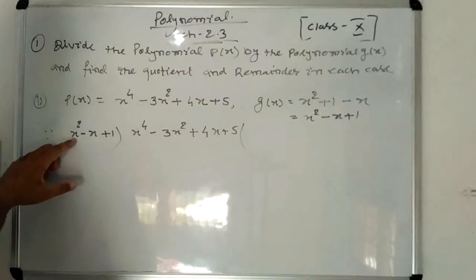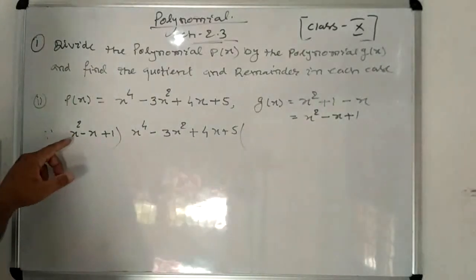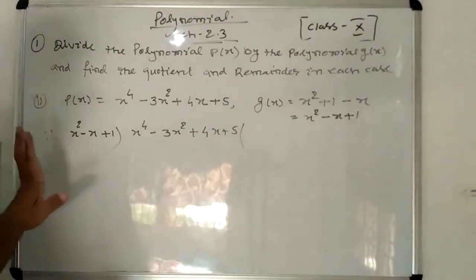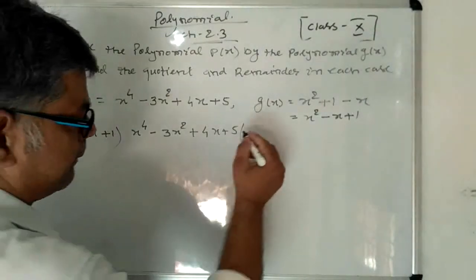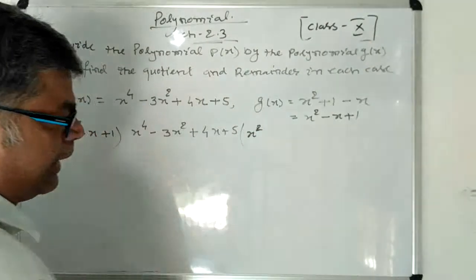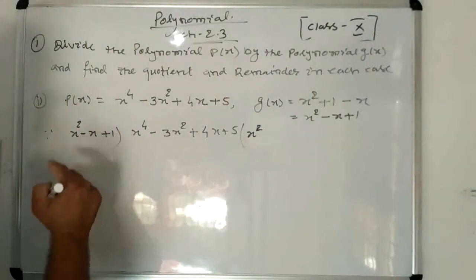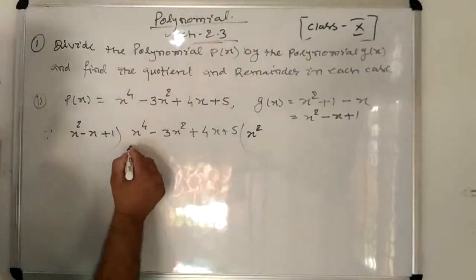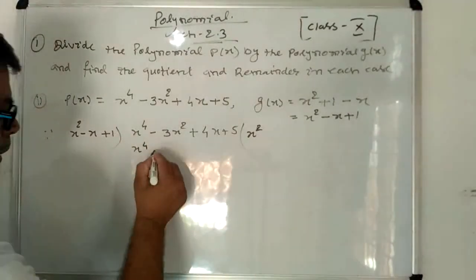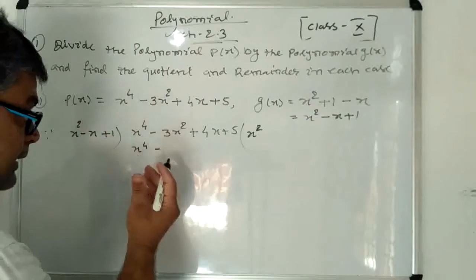When we multiply by x square, we will get x to the power 4. So in the first step I am going to divide by x square times. So multiply by x square in the divisor. So it will be x to the power 4 minus x cube.